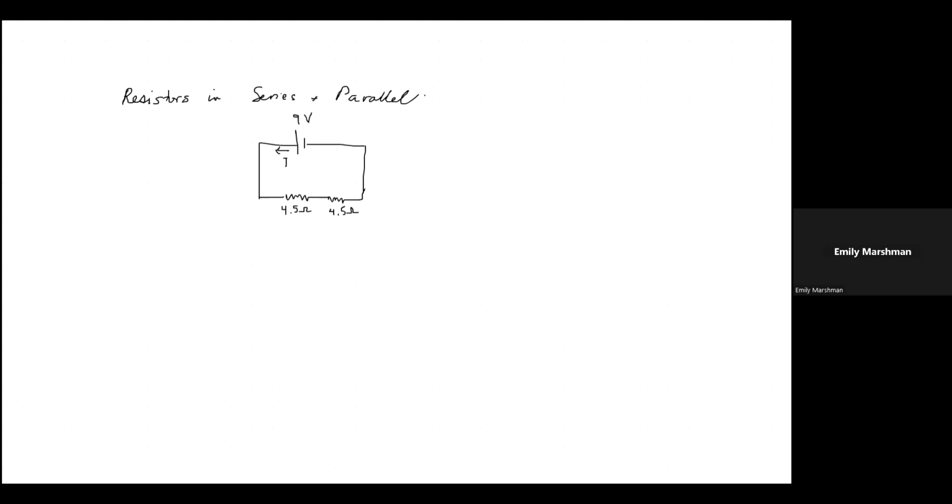There's current flowing from the positive end of the battery. It hits this resistor and then it hits this resistor. They both have to have the same current going through them. Because if they didn't, that would mean there's current going out somewhere, which doesn't make sense, right? So they have the same current flowing through.